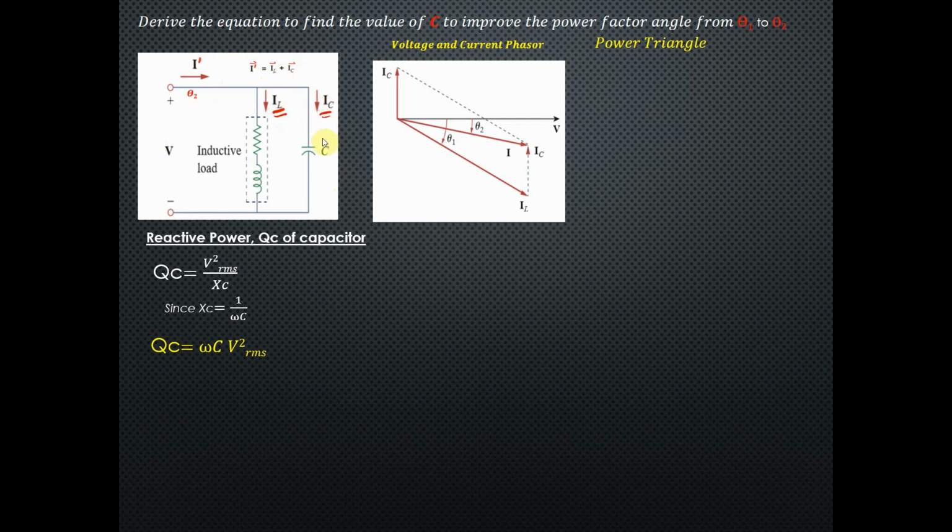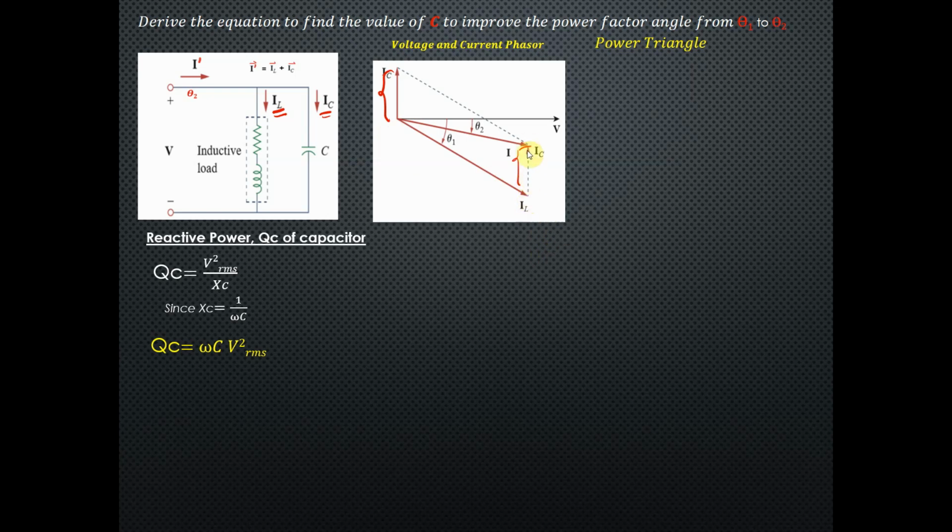Since it is a vector, we can represent it by a phasor. Originally, we have this as theta 1. When we put IC in parallel with the source, this will be the phasor of the current, reflected here by the graphical phasor representation.